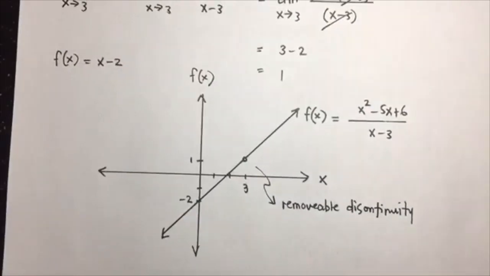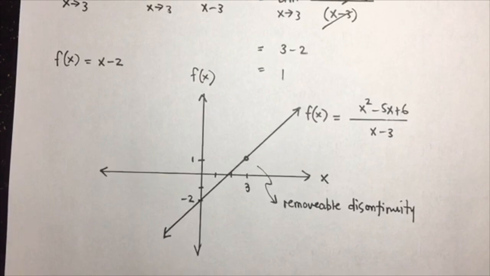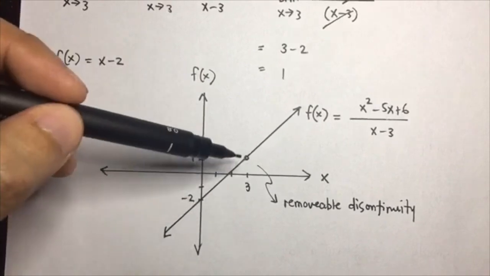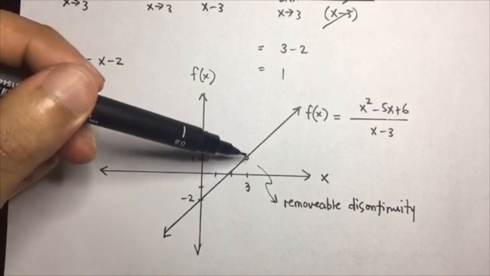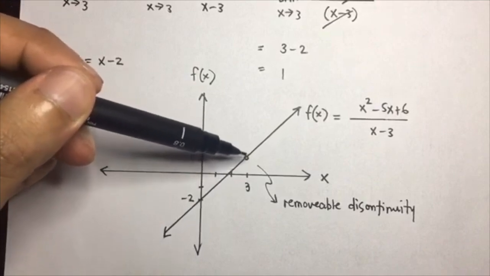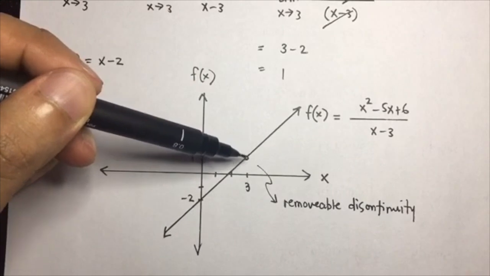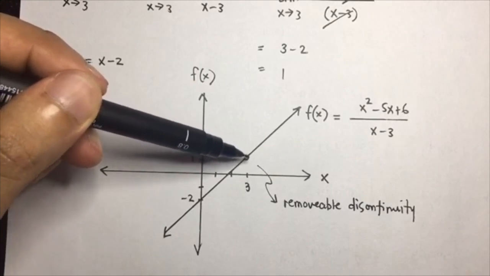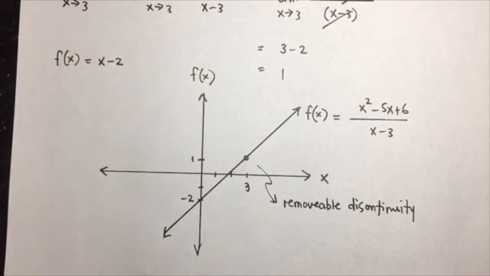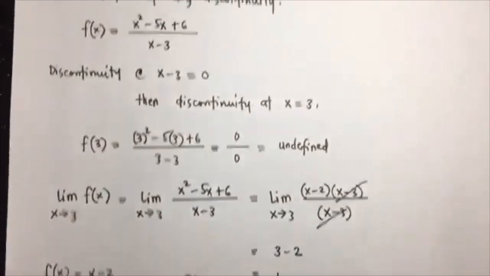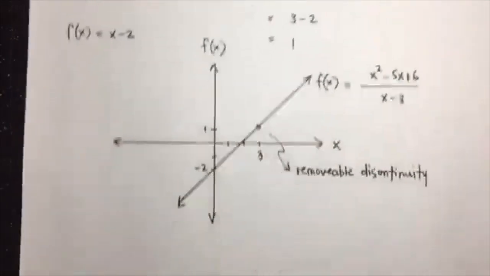Okay, so that's how we graph discontinuous functions. At the point of discontinuity, we draw a hole, or an open dot. Okay, so that's it. So let's try another example.